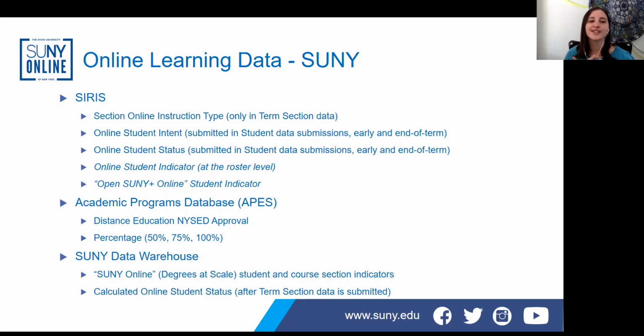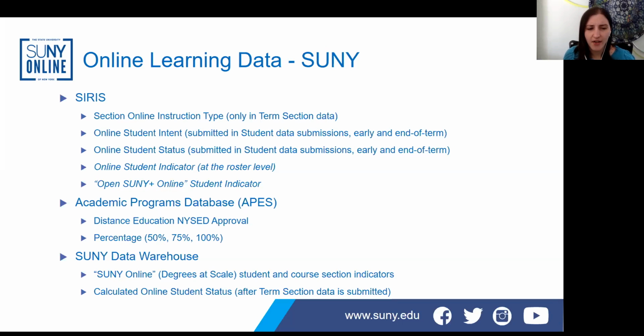Okay, so just diving in a little bit more, and again, some of this might be too many details, but I just want to give you a sense. We've talked about a lot of this already, what we're collecting in Cirrus, and again, that's that section online instruction type. That's really important for us to be able to do those calculations later. Online student intent is what I just talked about, as well as online student status, the new field that we're collecting.